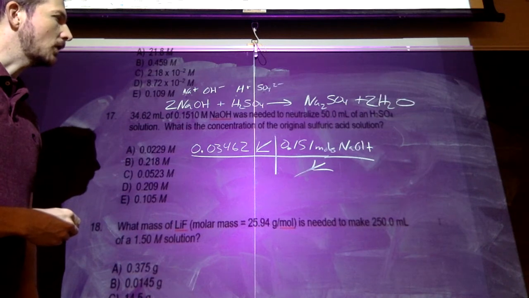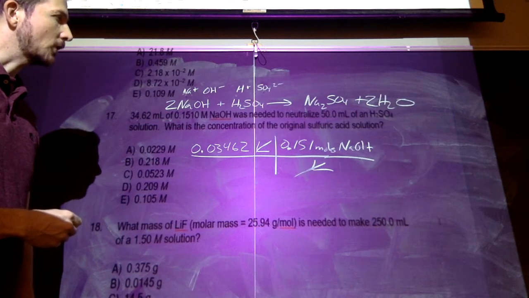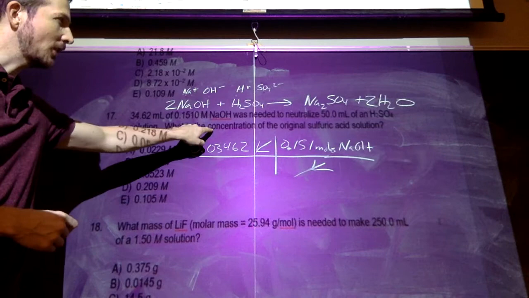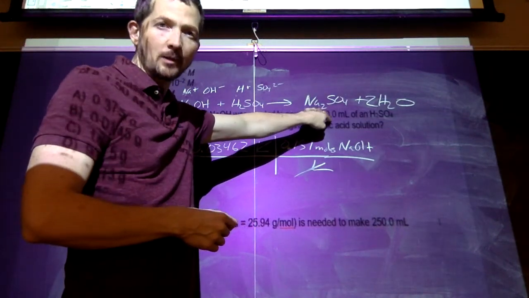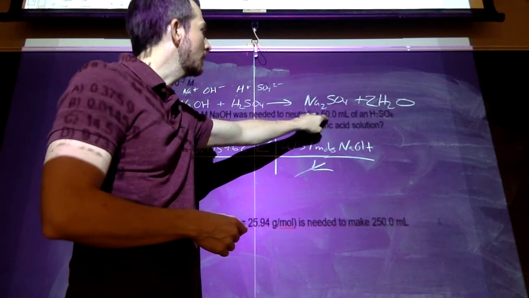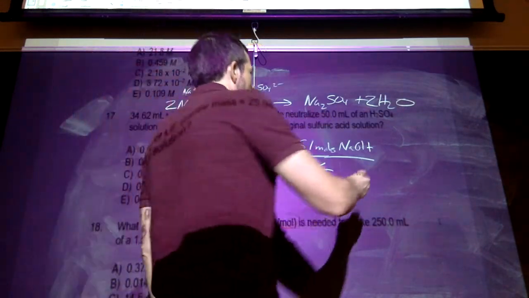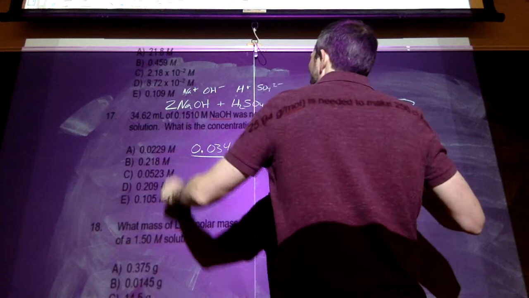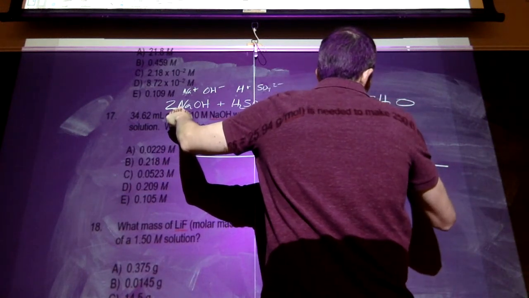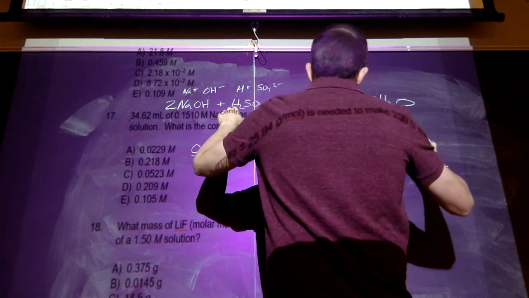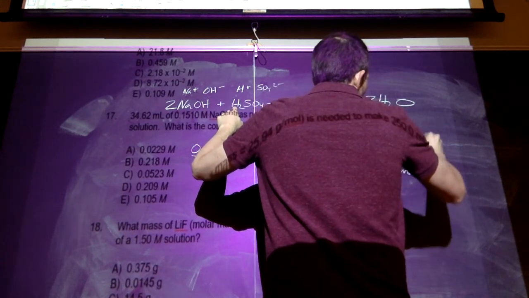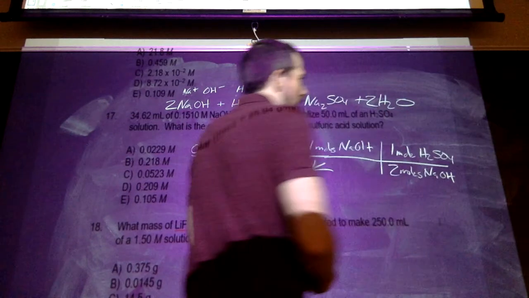So now I need to know my moles of my sulfuric acid. Now I'm asked for concentration. I know a volume of it, so I need the number of moles. If I have the number of moles, I can find moles per liter. So I need moles of sulfuric acid. So balanced equation time. 2 moles sodium hydroxide react with 1 mole of H2SO4.